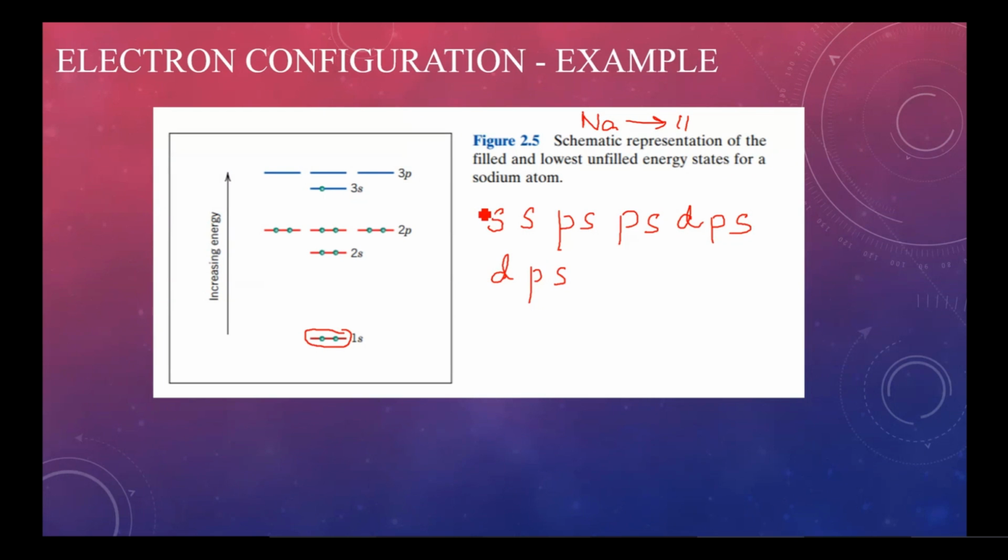All right, great. So you know that this would be 1s, since the first shell would only have the s subshell.